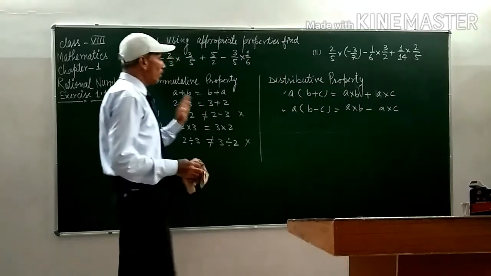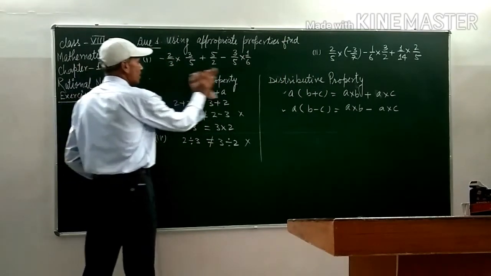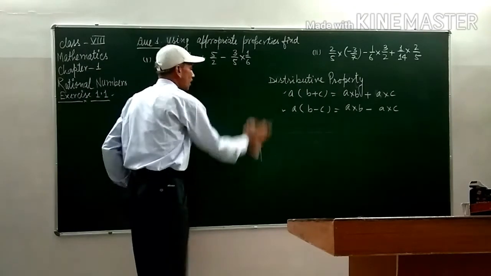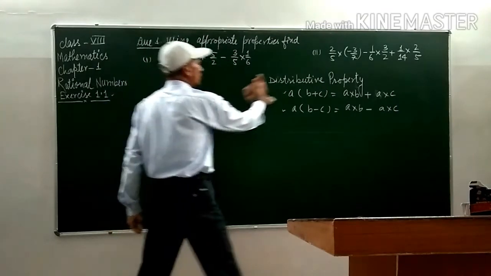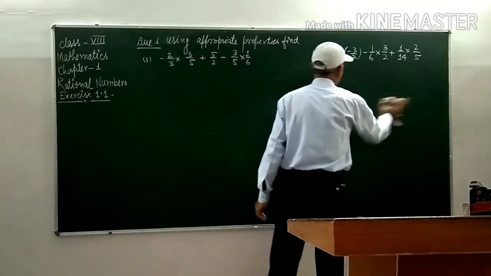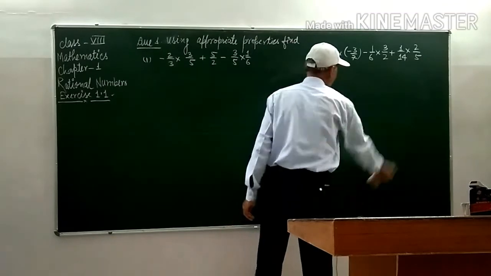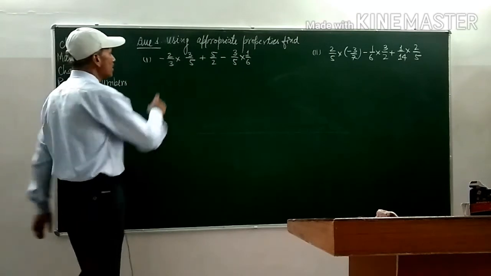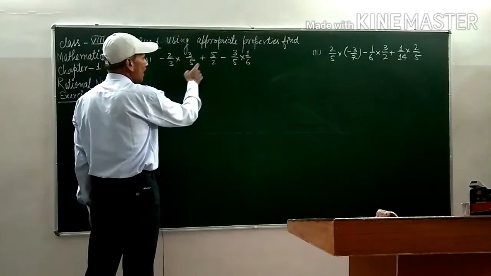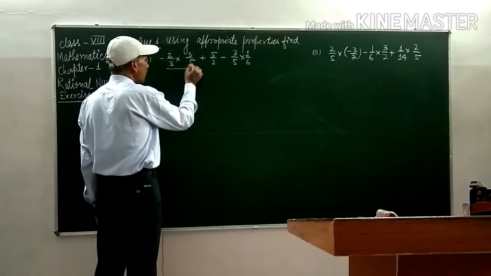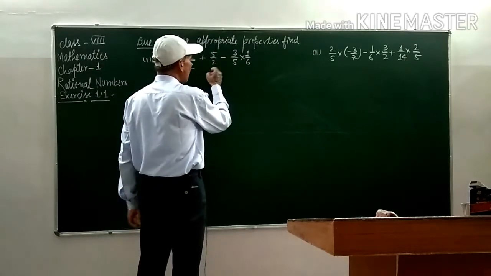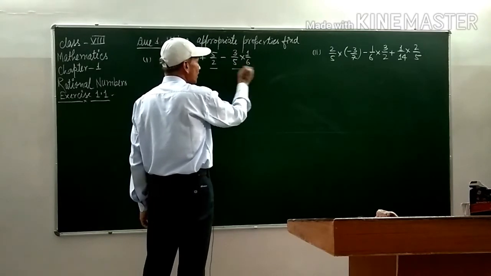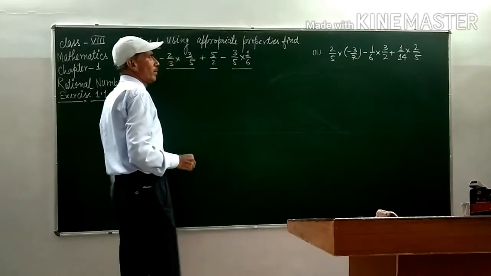And now we will solve question number one from exercise 1.1. The first question is minus 2 by 3 into 3 by 5 plus this one number, and this one 5 by 2 another number. Because there is a sign of multiplication, this is a single number.